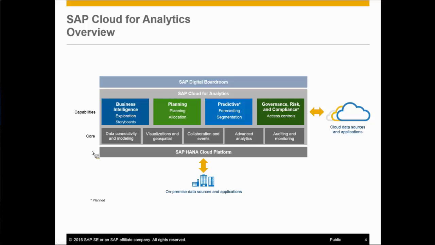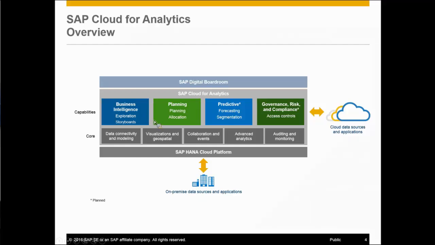Whenever any customer subscribes to SAP Cloud for Analytics, they get the core functionality no matter what capability they use. Now, in addition to core functionality, a customer can sign up for specific capabilities.